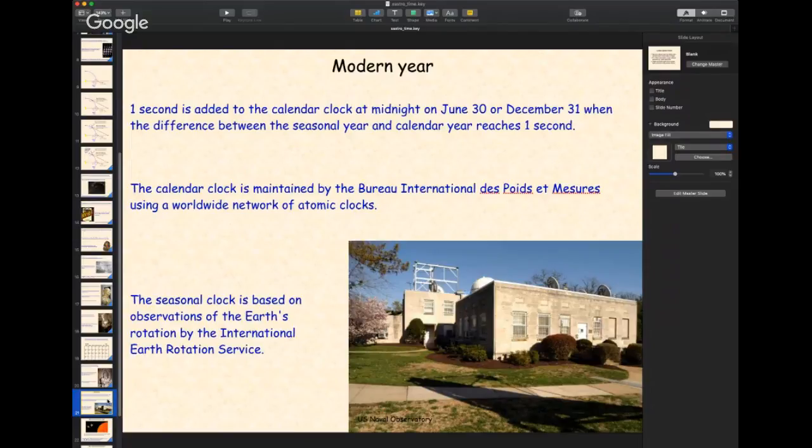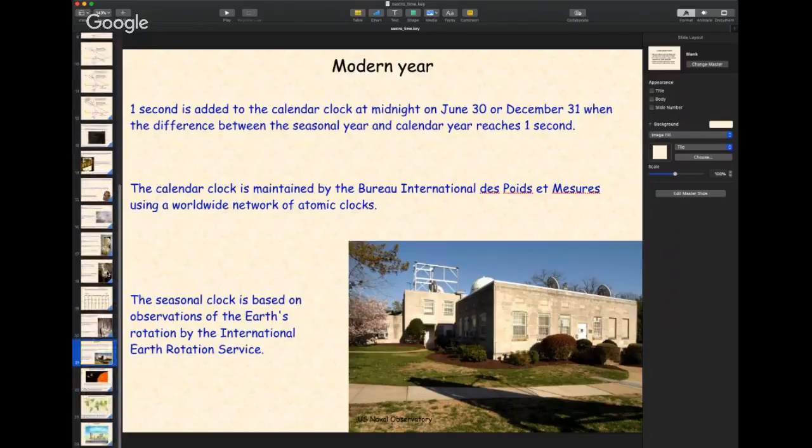It's pretty ugly. Cement building, bars on the doors. You can see the telescope dome back there. And they keep track of the Earth's rotation, which is the seasonal clock. And so keeping that calendar clock and seasonal clock together is the name of the game, and it's still with us. We're better. We only do adjustments twice a year, but even that is disruptive in today's modern electronic world.